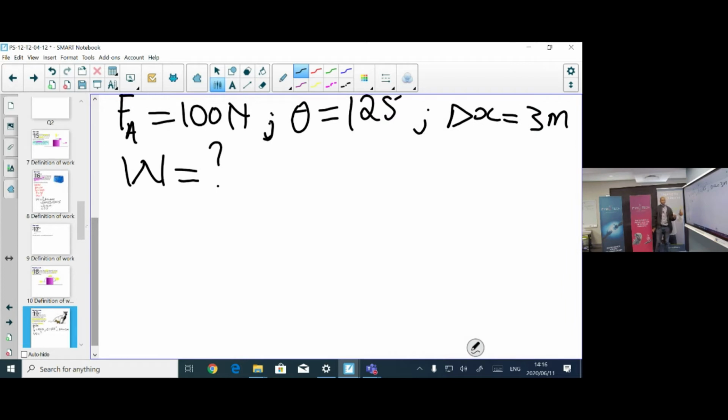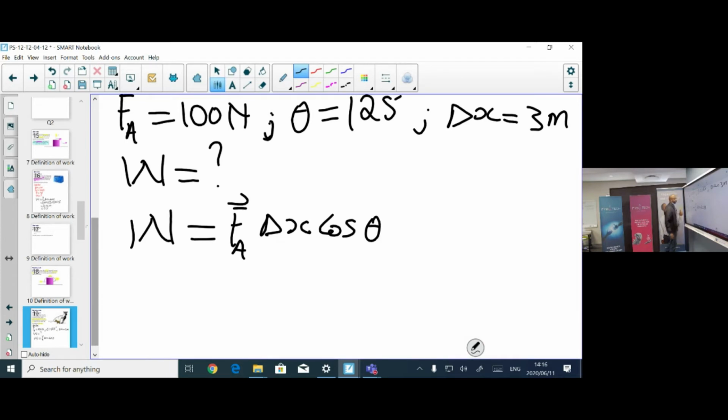We have to go back to our formula of work done, which is W is equal to the force applied, change in x, cos theta.